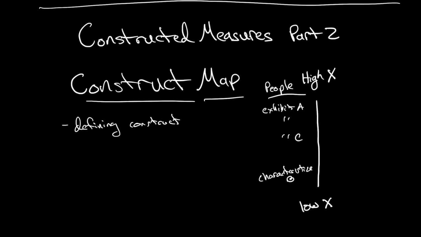The construct map provides us a mechanism and a process for thinking about differences on our construct between different people.